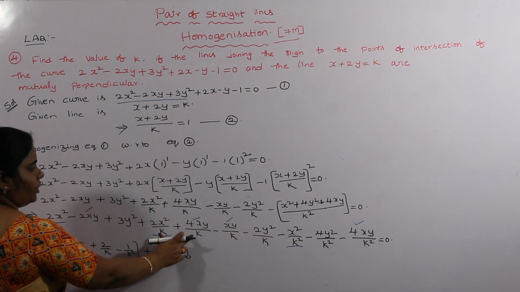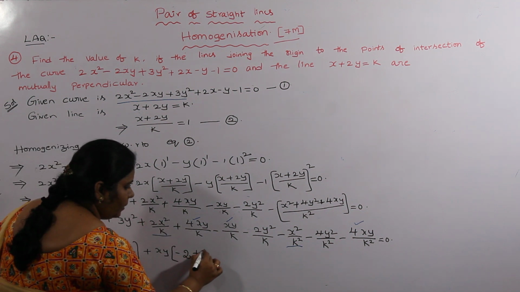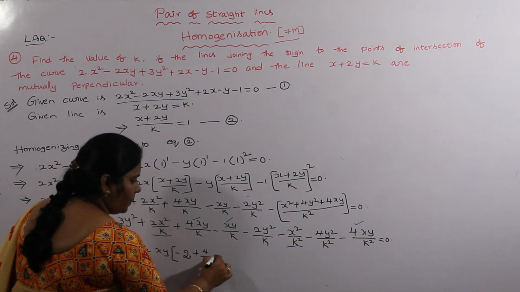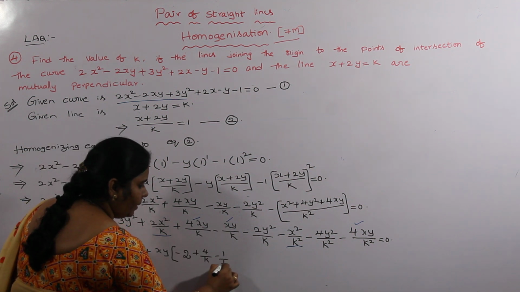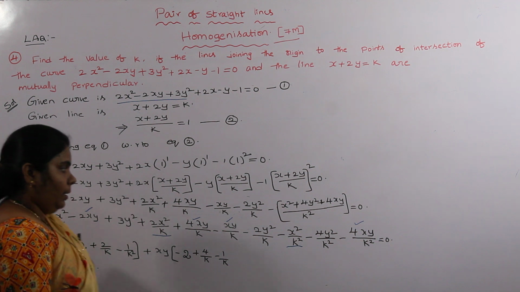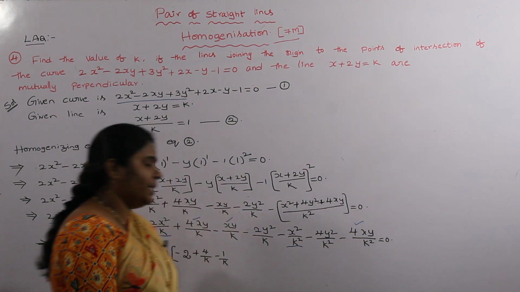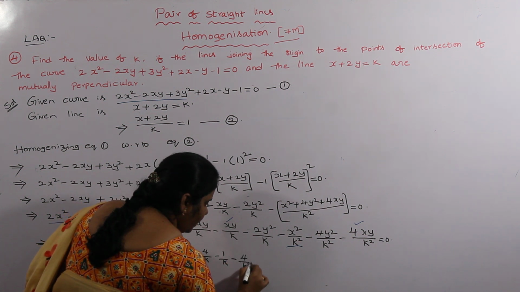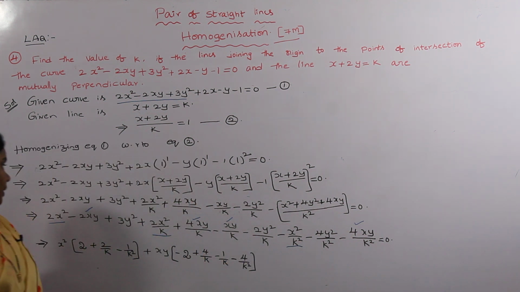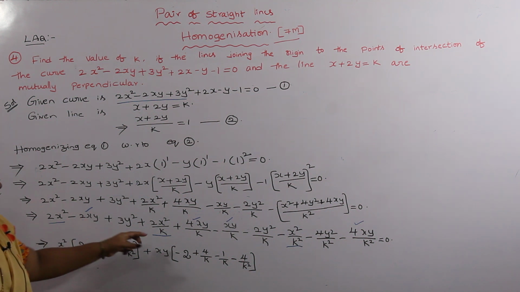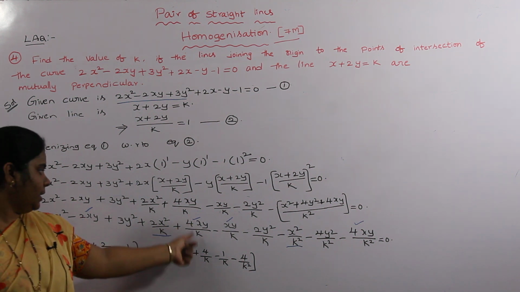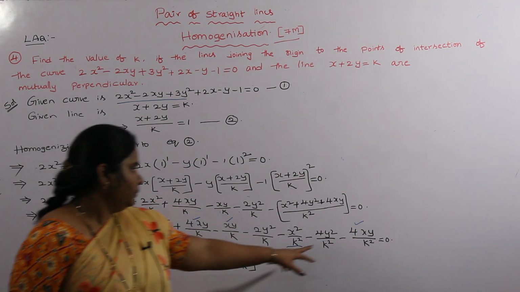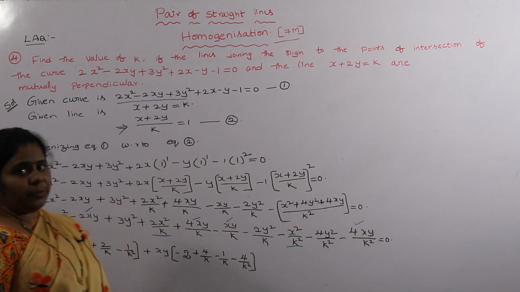Here the xy coefficient is 4/k, here minus 1/k, and in the last minus 4/k². So the xy coefficients are minus 2, 4/k, minus 1/k, and minus 4/k².